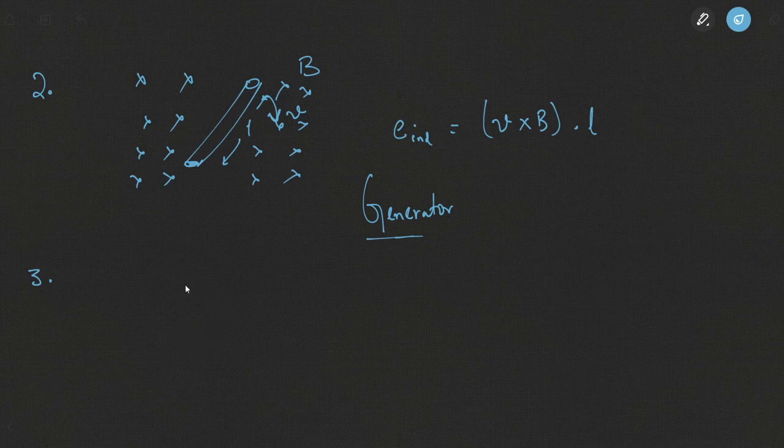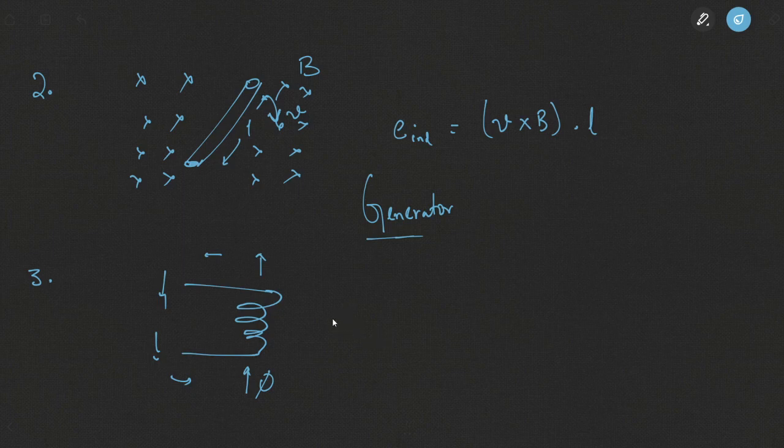Say for example you have a wire, and there's flux moving through this wire, and that flux is changing with time.